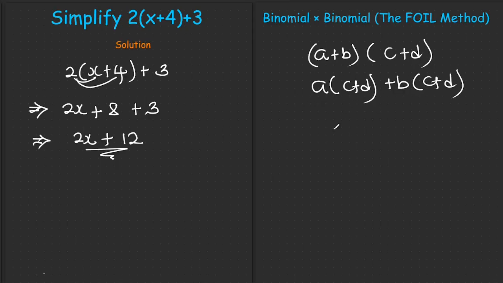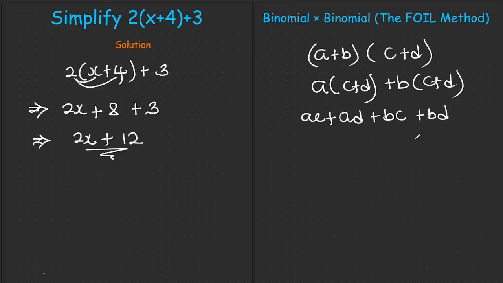With this, we multiply A by C, which gives us AC, plus A by D, which gives us AD, plus B by C, which gives us BC, and then B by D, which gives us BD. And if there is any simplification, you do that upon request.